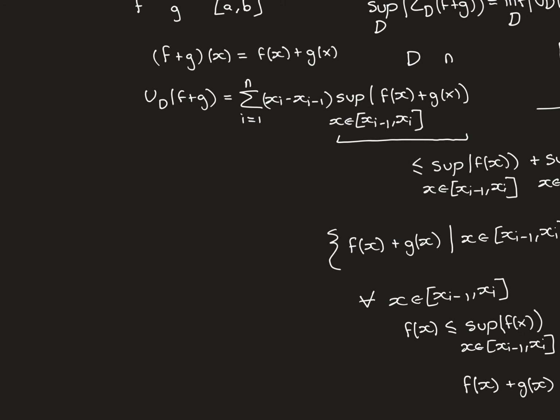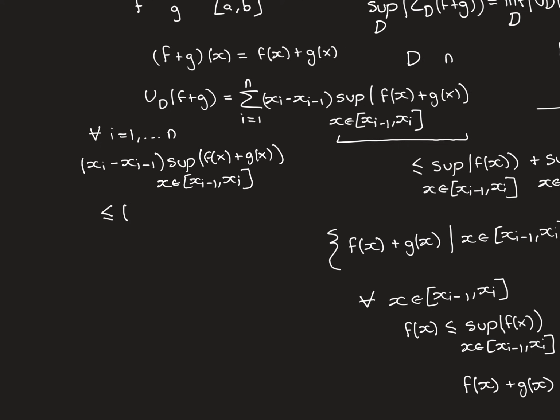So for all of those intervals that my dissection has cut the interval AB into, so for all i from 1 to n, so for all i equal to 1 all the way up to n, this is going to hold true. xi minus xi minus 1 times the supremum, x an element of xi minus 1 to xi, of f of x plus g of x is going to be less than or equal to the, well, xi minus xi minus 1.